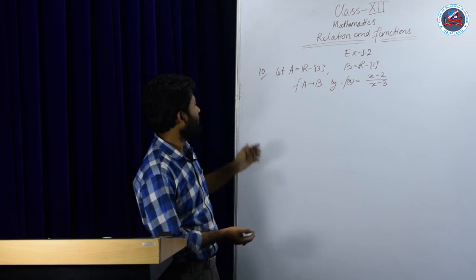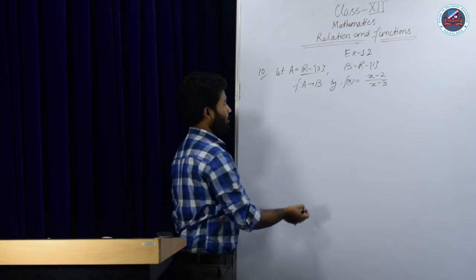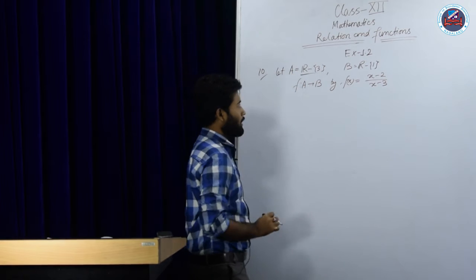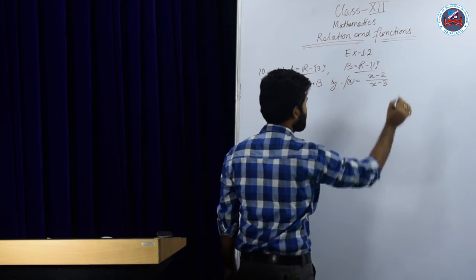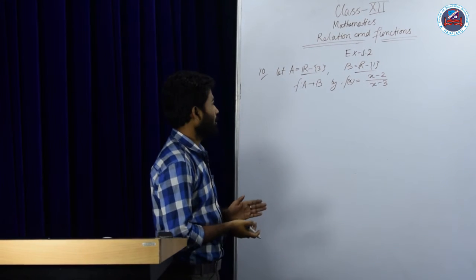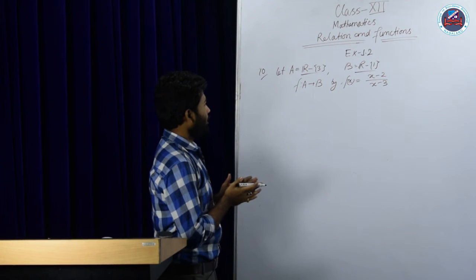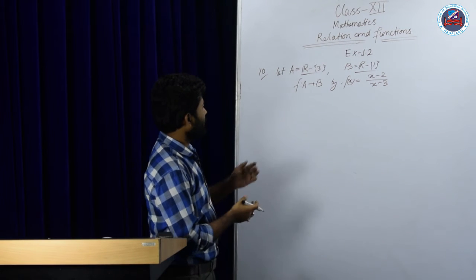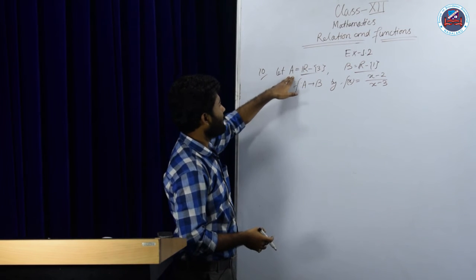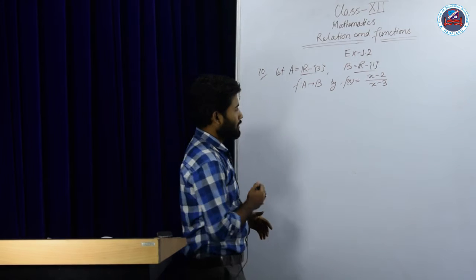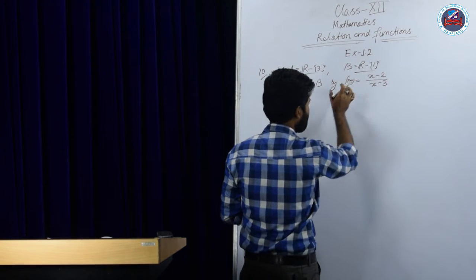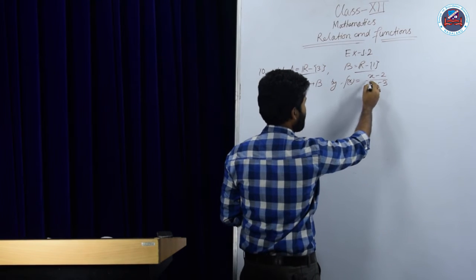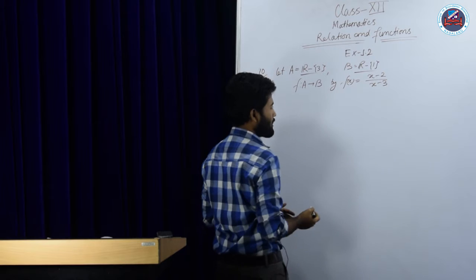And what is the domain? It is R minus {3}, that is the set of real numbers except 3, and the codomain is the set of real numbers except 1. Okay. Now at first we need to understand why they have considered the domain as R minus {3}. See, here f of x is given by x minus 2 divided by x minus 3.